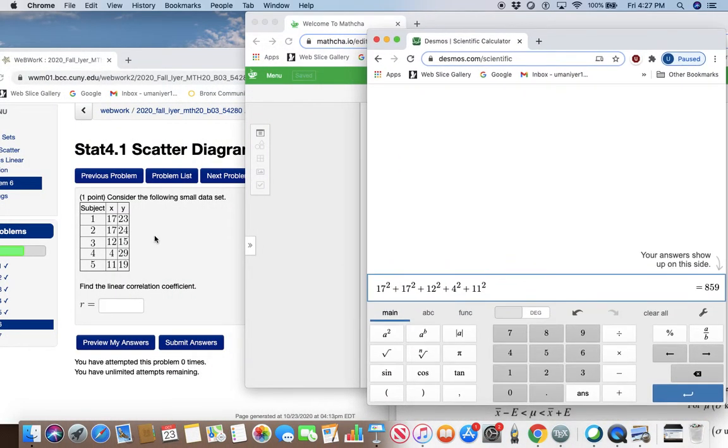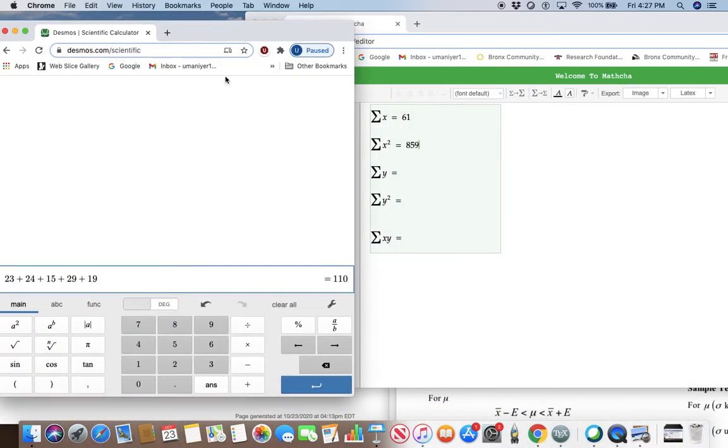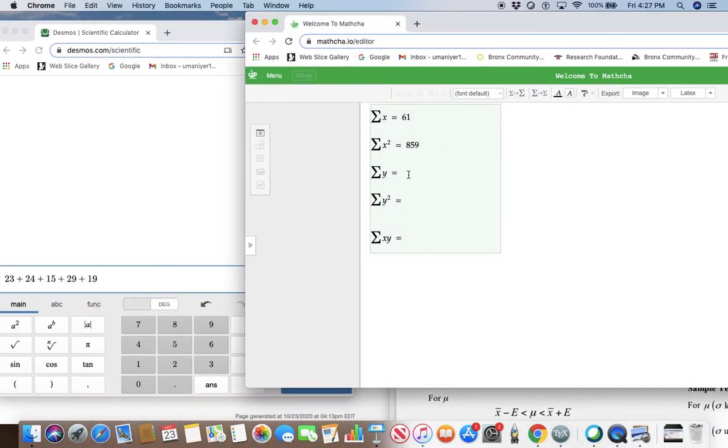All right. Summation y. So I'm going to add all the y's together: 23 plus 24 plus 15 plus 29 plus 19. That gets me 110. Summation y is 110. Okay.